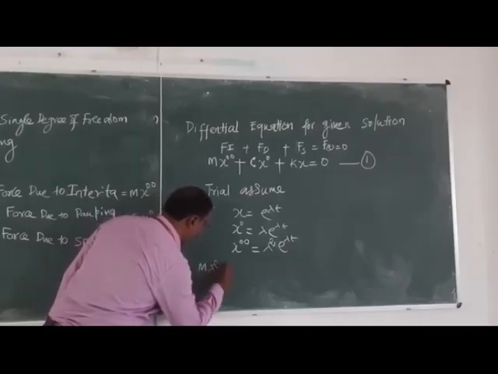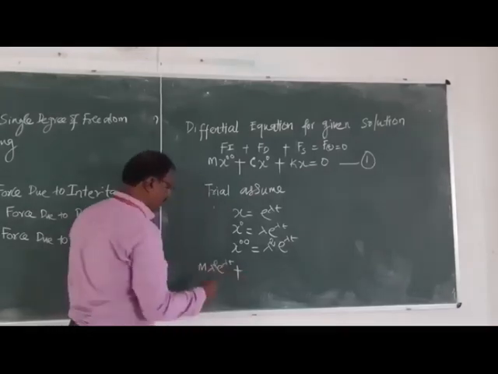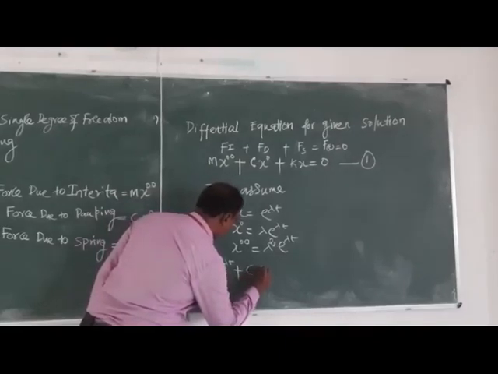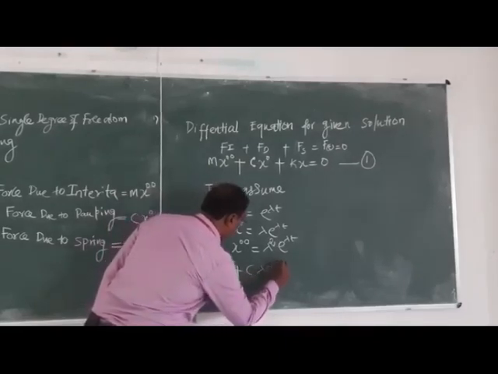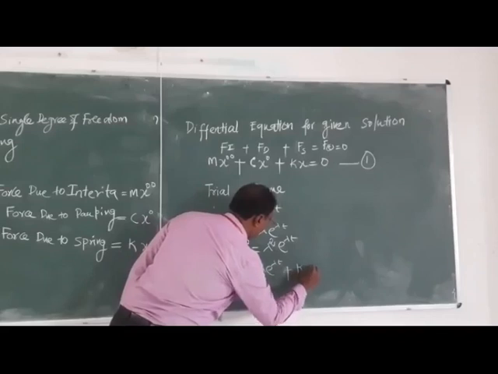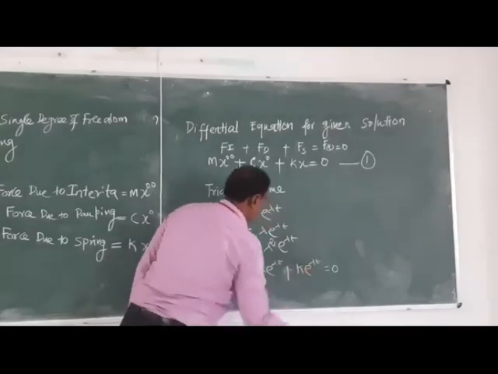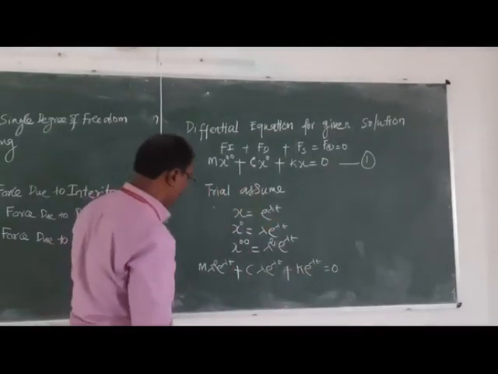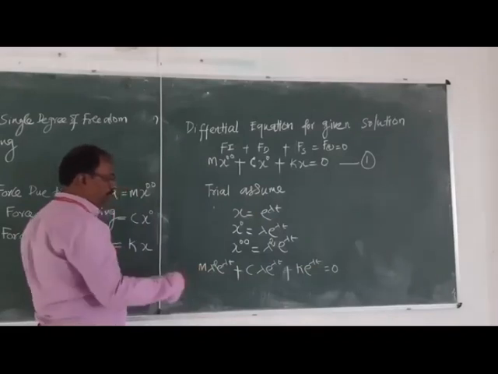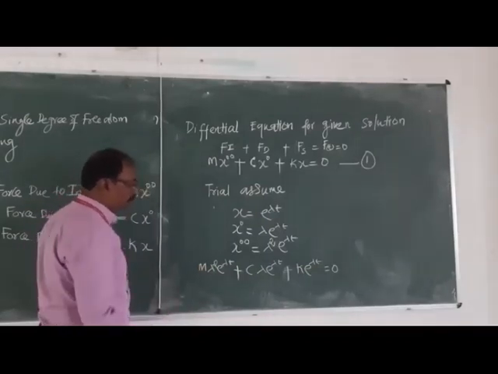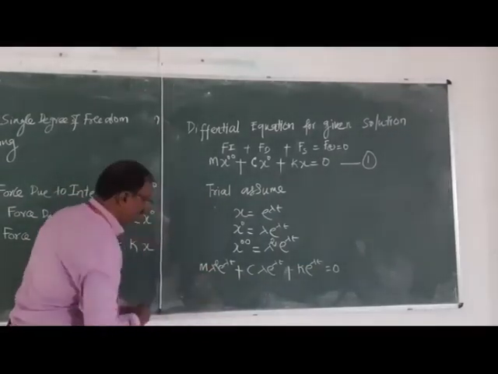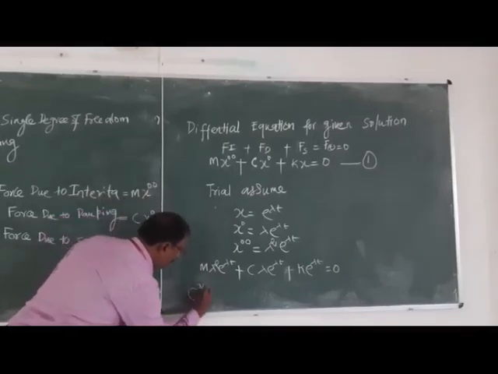Lambda square e power lambda t plus c lambda e power lambda t plus k into e power lambda t equal to 0. What I am doing here is taking the common term e power lambda t.